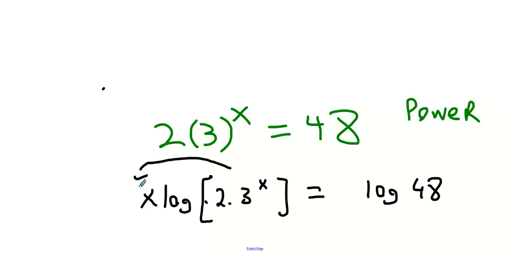Why is that a mistake this time? The 2 has been multiplied by it. That's the issue. When you do the power rule, it has to be all of what you have here to the power of x. The power isn't affecting the 2. Do you get what I'm saying?